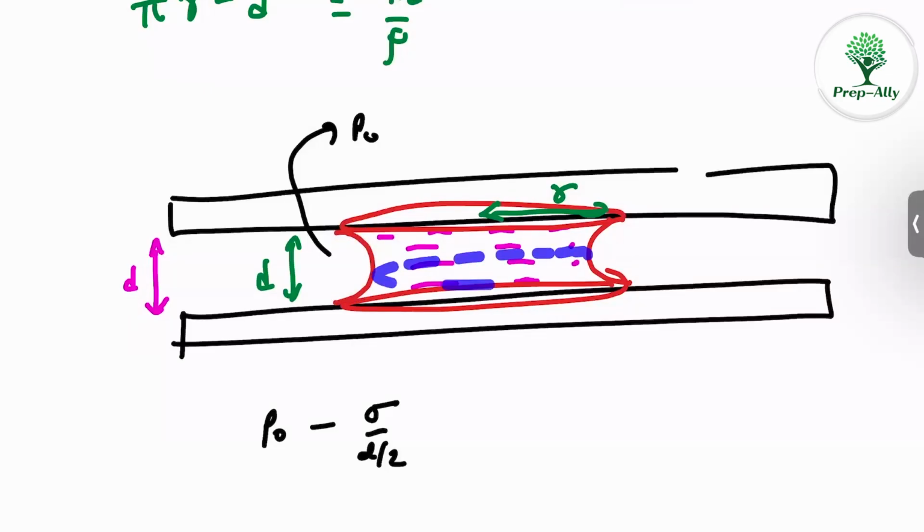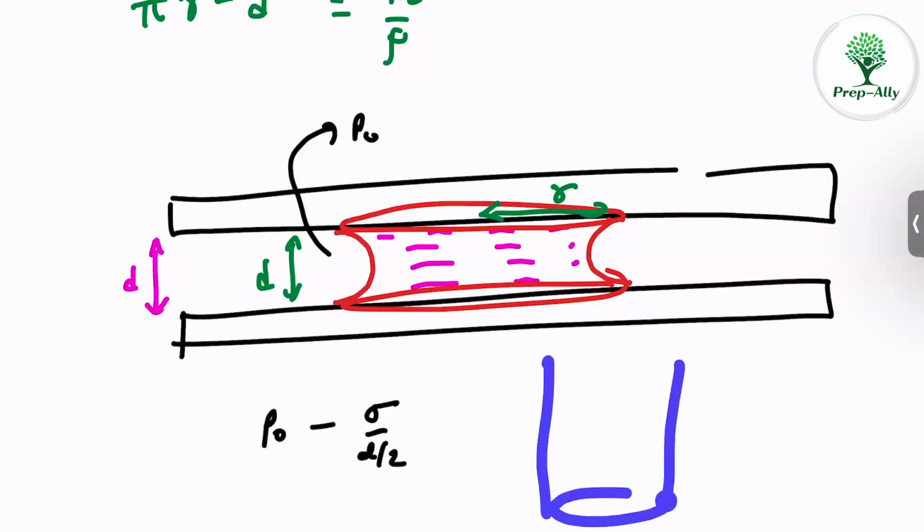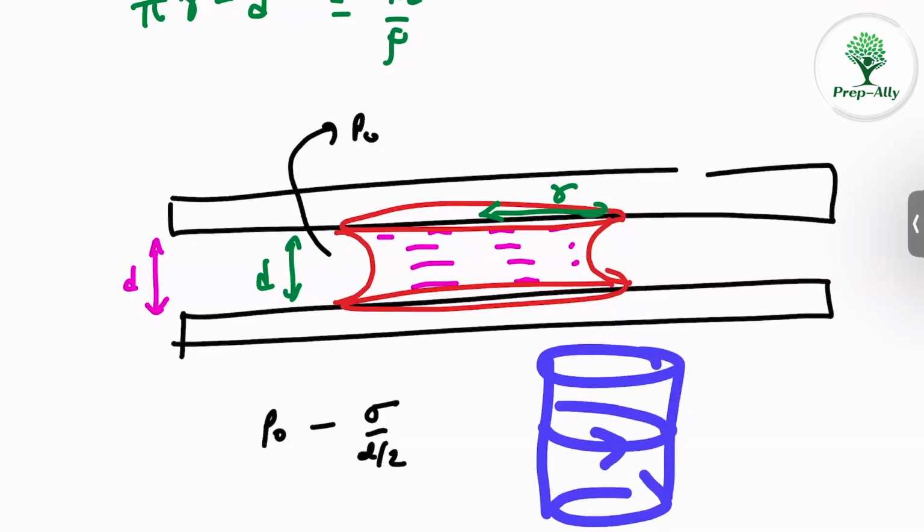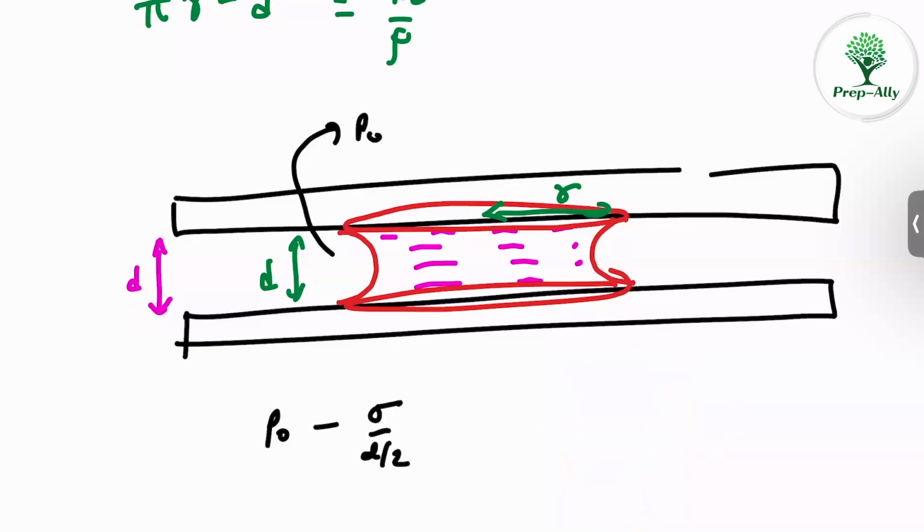Now there is one more thing. Either you can travel like this on the surface or you can travel like this on the surface. If you travel like this on the surface, which is the concave side, the liquid or the air? Imagine like a cylinder. If you're going like this on the surface, the cylinder inside is concave or outside is concave?